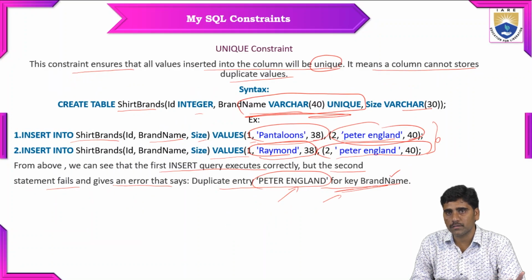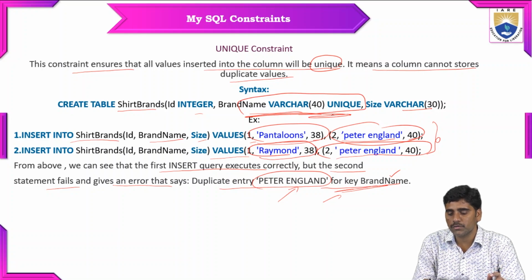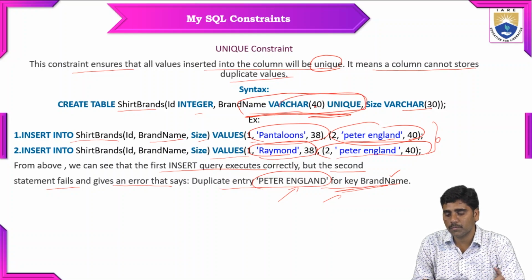And unique constraints. Unique constraints are nothing but applying a unique constraint to a particular column that allows only unique values and does not allow duplicate values. So in this example, the brand name will be taken as a unique constraint, so the brand name used for one value is not used for another value.